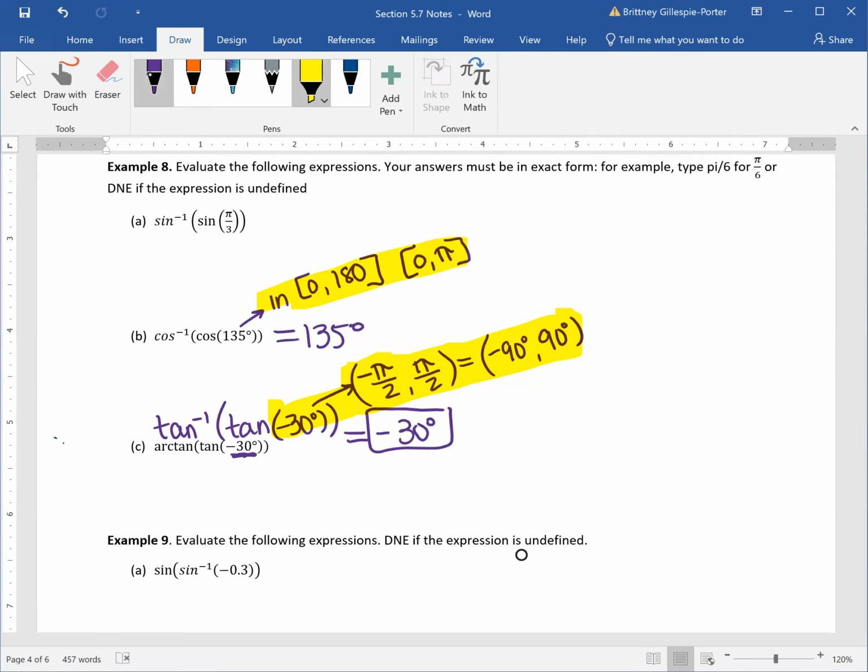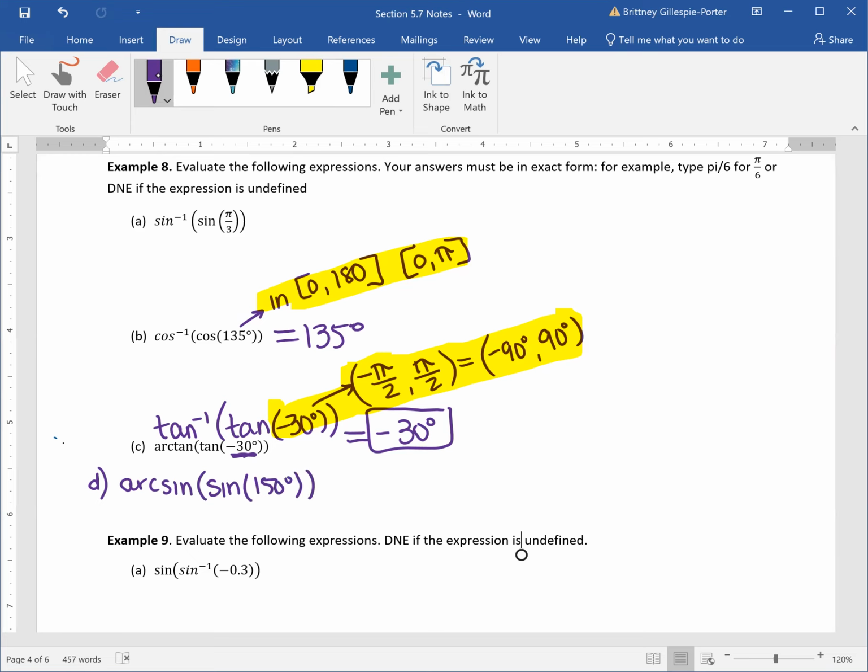I'm going to add in part D here so you can see what happens when it's not in the interval. So let's say that we need the arc sine of sine of 150 degrees.